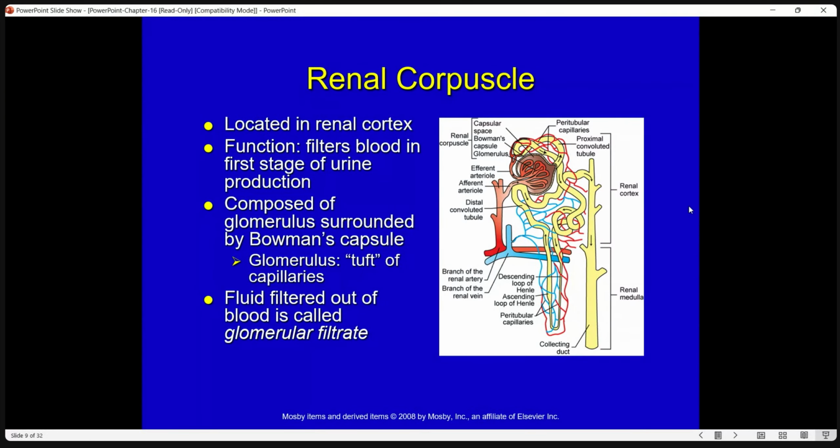If you look at this picture, you'll see that it's starting from this point where there's an afferent artery. We have said that arteries take blood into the kidneys. And so this blood, I believe you can see my cursor. Are you able to see my cursor so that we move together?